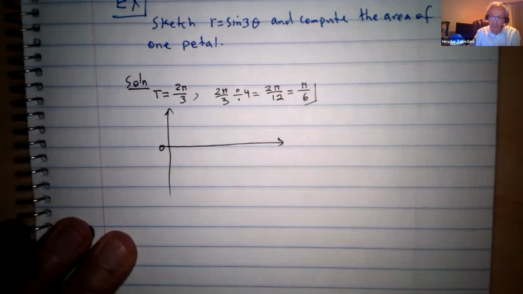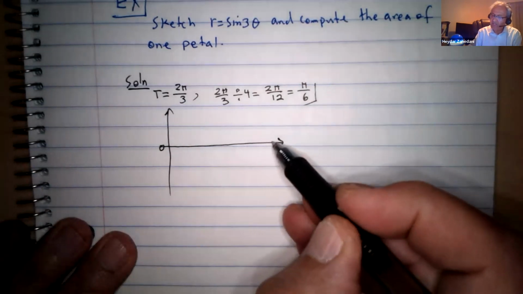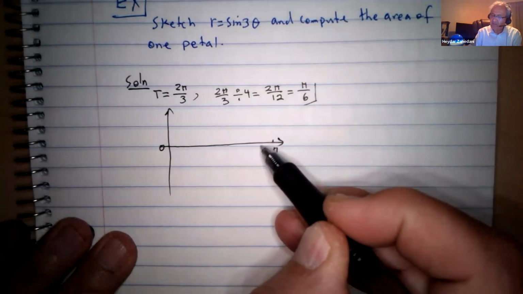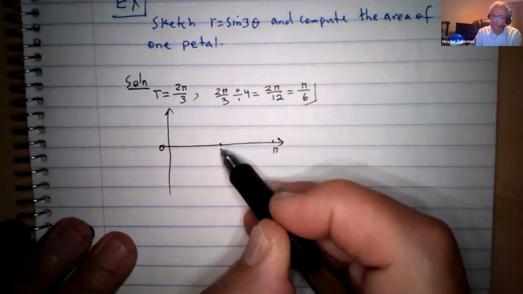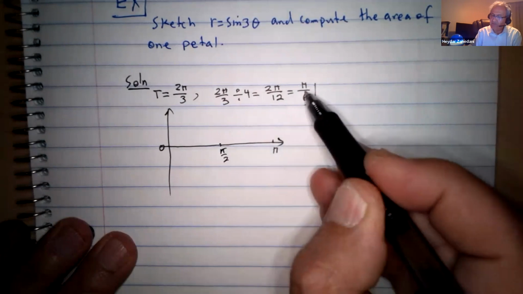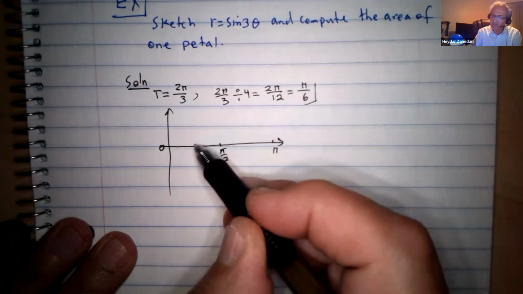Is 120 degrees, if you like. So the situation, you see this is going to be, for example, 0. And if it is going to be the pi, we divide it into different parts. There's going to be the pi half. Since you get a pi 6 here, this is going to be the pi 6.